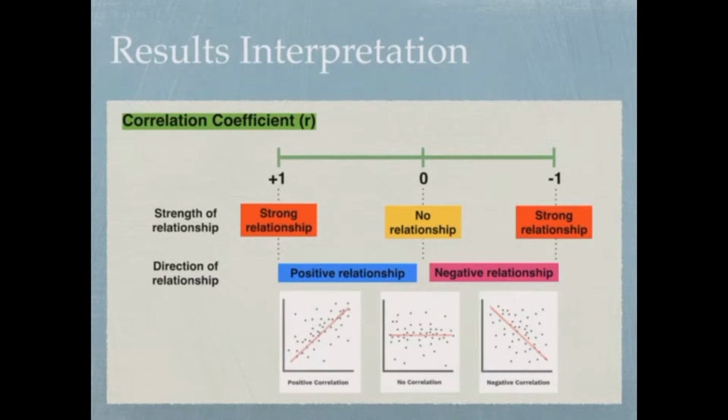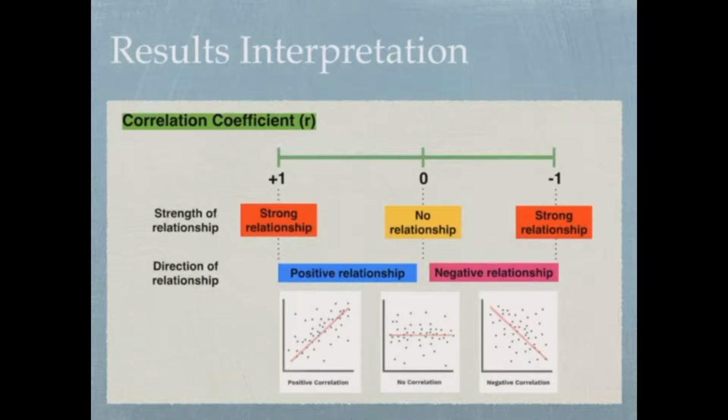Results interpretation. In terms of the strength of the relationship, the correlation coefficient value varies between +1 and -1. A value of +1 or -1 indicates a perfect degree of association between the two variables. As the correlation coefficient value goes towards 0, the relationship between the two variables becomes weaker.